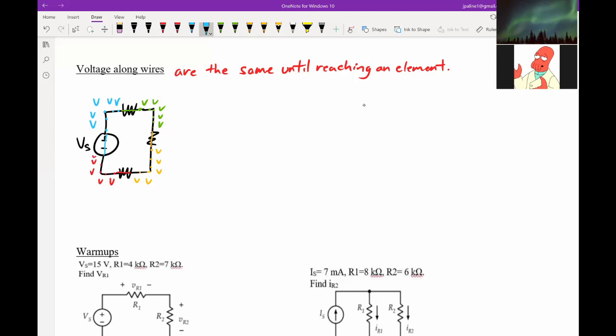So you can kind of look at these here and you see the groupings. So this voltage is the same, so is this one, so is this cluster, same as that one. So until we actually touch an element in the system, it's consistent.